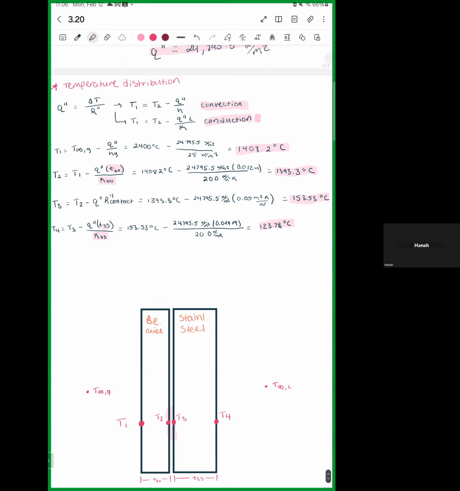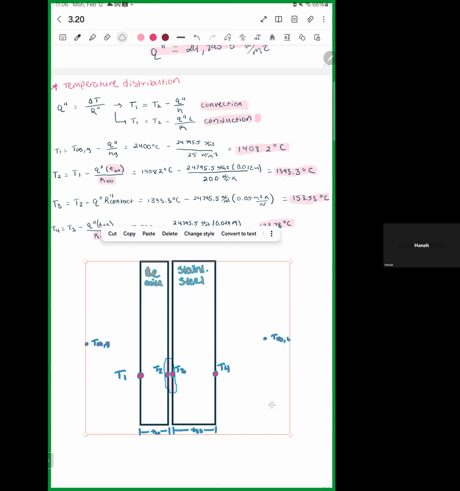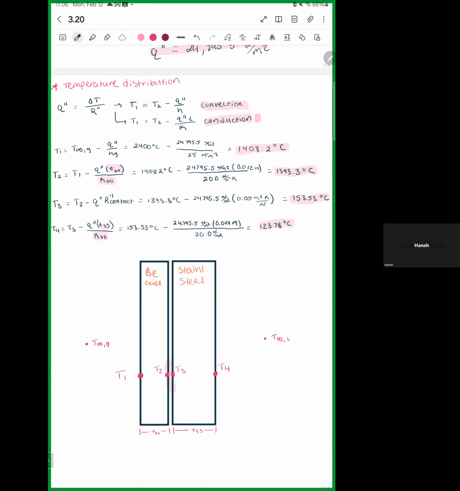So with these numbers, we're able to update our original schematic. So we have T infinity of the gas is equal to 2,400 degrees Celsius. T1 was equal to 1,408.2 degrees Celsius.